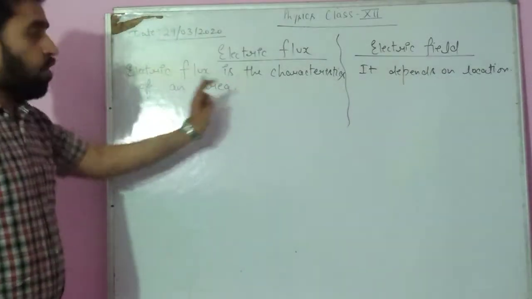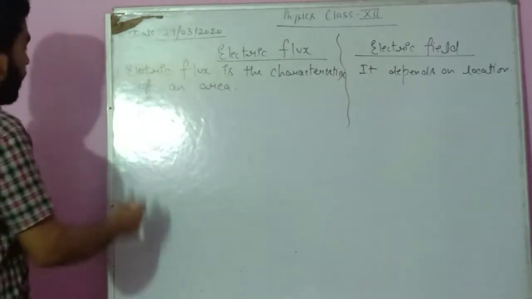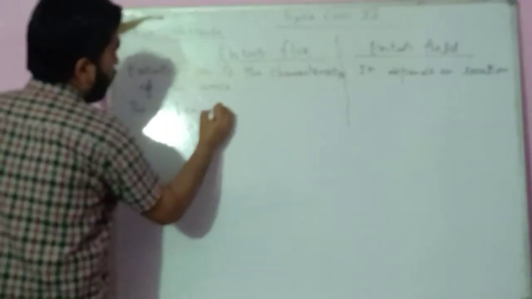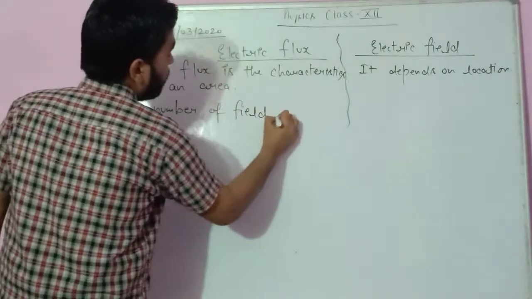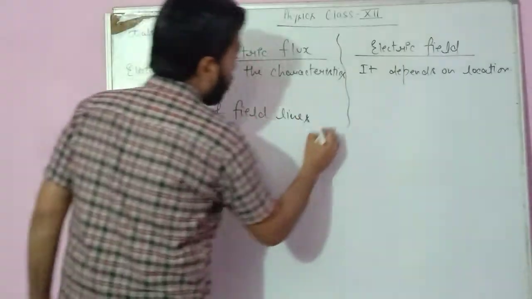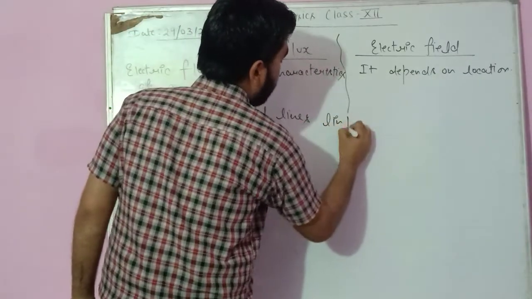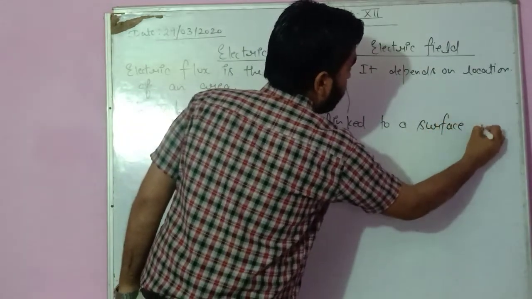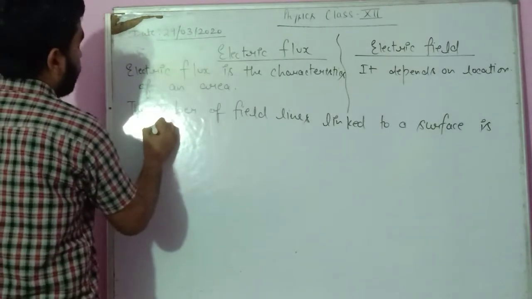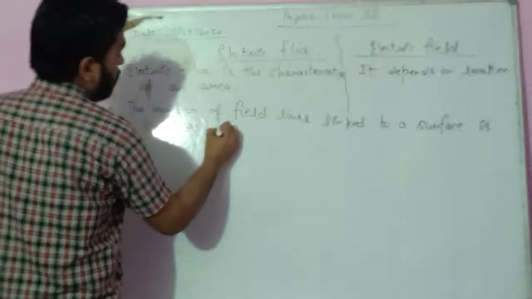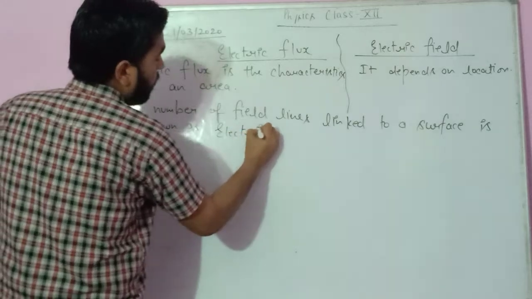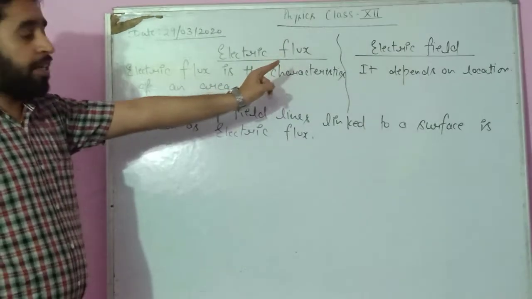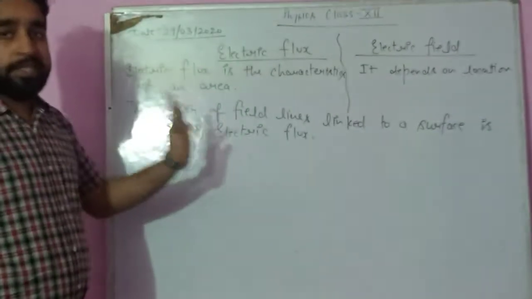Or we can also define it as the number of field lines linked to a surface is known as electric flux. Electric field is a vector quantity, while electric flux is a scalar quantity.